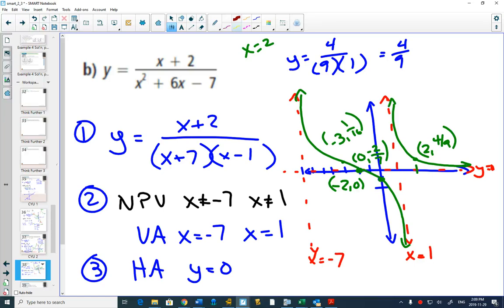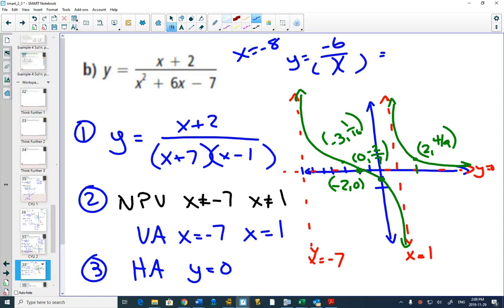I still have one more section I need to do. I have nothing to the left of x equals -7. And so I'd probably choose x equals -8. Plug in -8 into my numerator. I get -6.